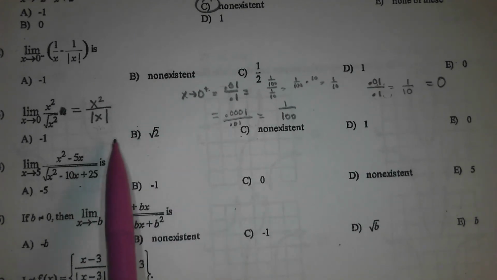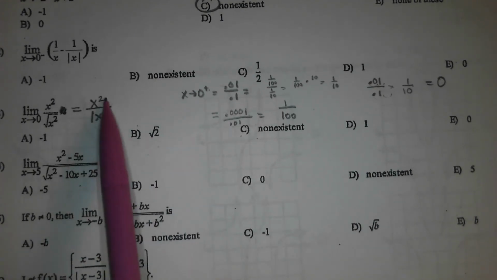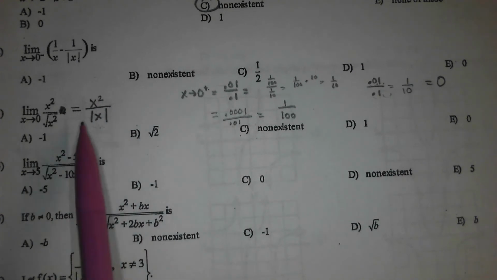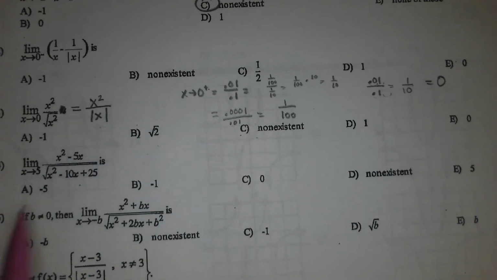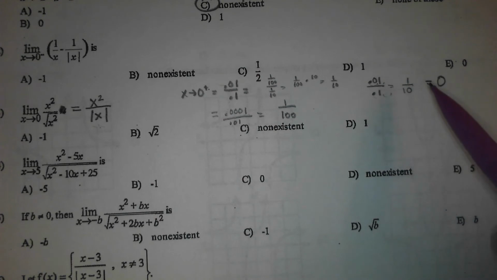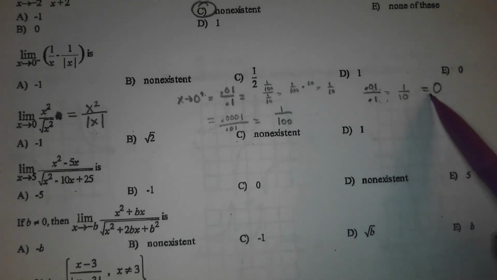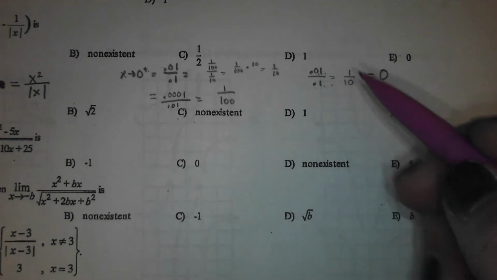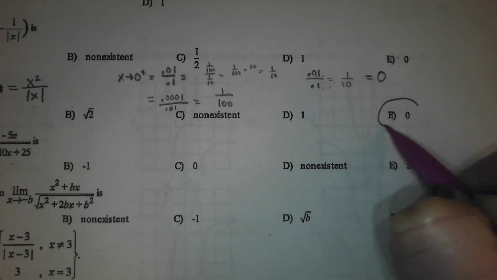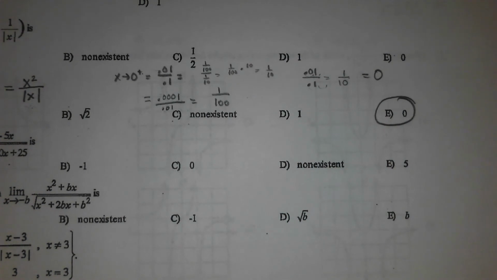If I come with a negative 1/100th, when I square it, I'll be at the same number, and when I absolute value it, it's going to be at the same number. Essentially, this is an even function. So whatever's happening on the left is happening on the right, and it's mirrored in the y-axis. So whatever that limit was coming from the right is the same as the limit coming from the left, so the overall limit is 0. That takes more thought. Yes?